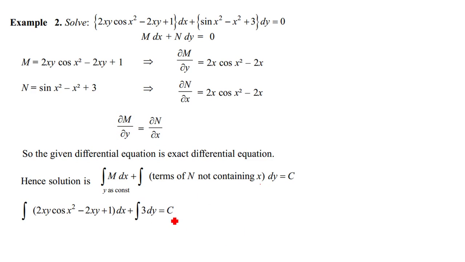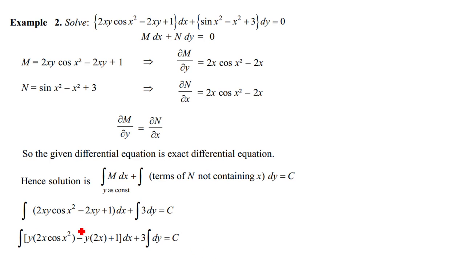So when you integrate this, this is what you're going to have. And then in this second part, we're just going to cancel it. There's a constant 3 here. I never just saw it. So we're just going to integrate this 3 with respect to y. So this is what you're going to have. Then when you integrate, you're going to have this.